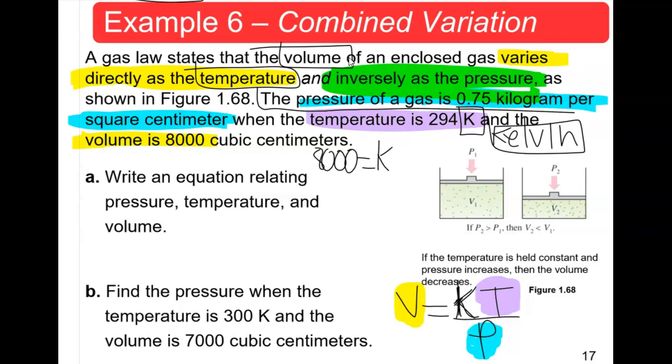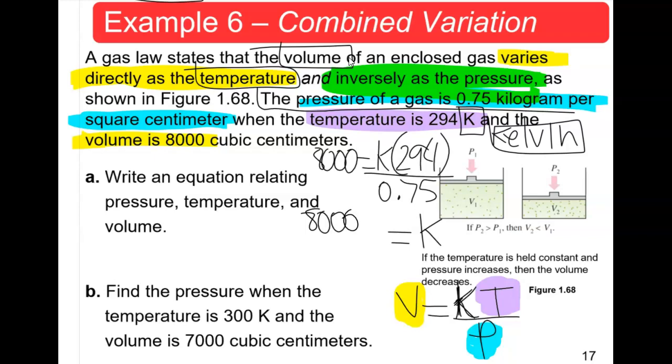The temperature is 294, and the pressure is equal to 0.75. So to solve for K, we have 8,000 here. And if you notice, we're solving for K, right? So the 294 is multiplying K. If we take the 294 across the equal sign, it's going to be dividing.